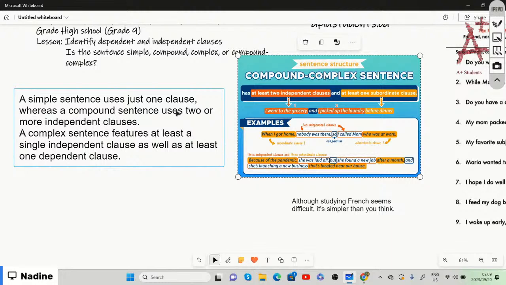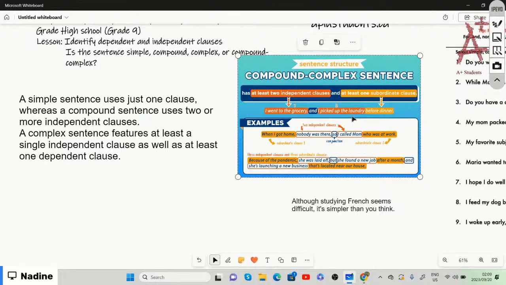And a compound complex sentence has at least two independent clauses, joined by a conjunction, and at least one subordinate clause.